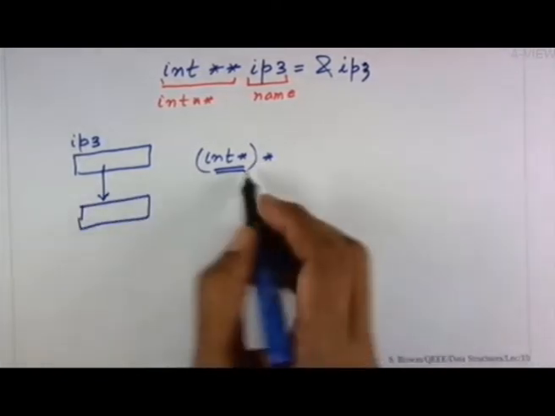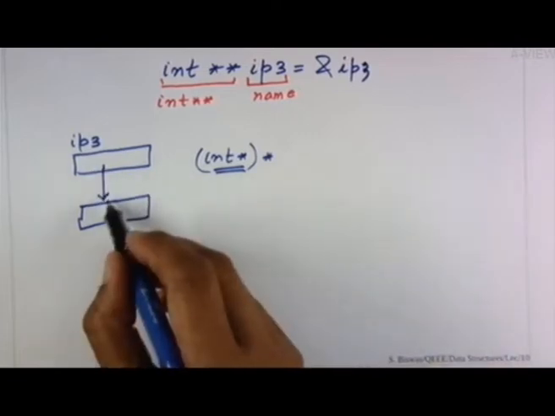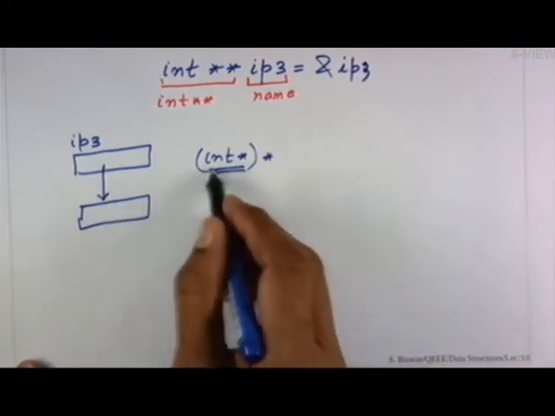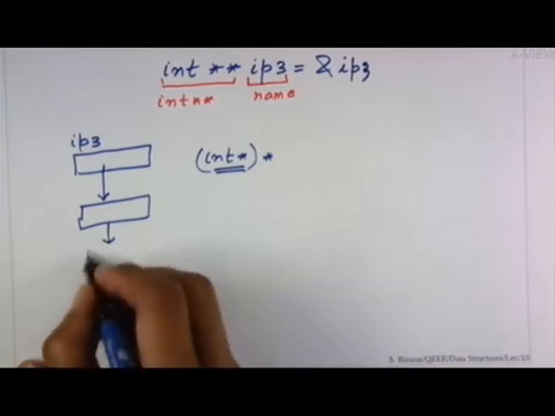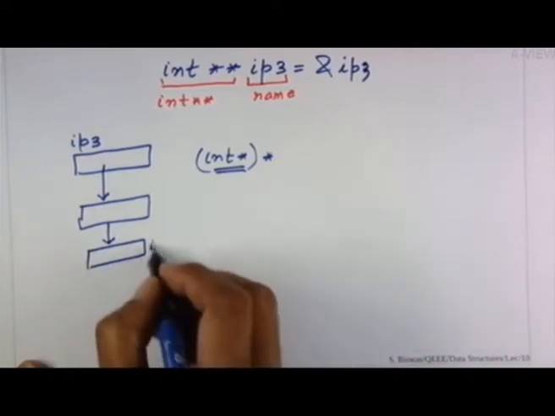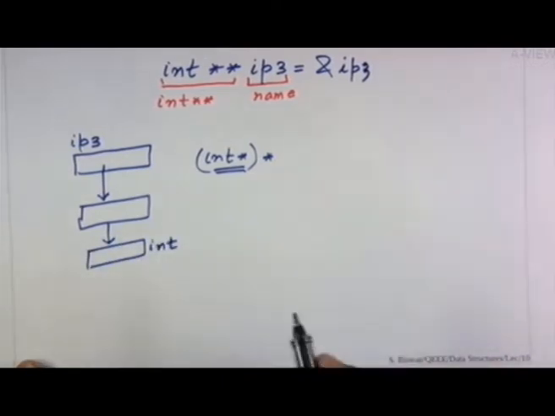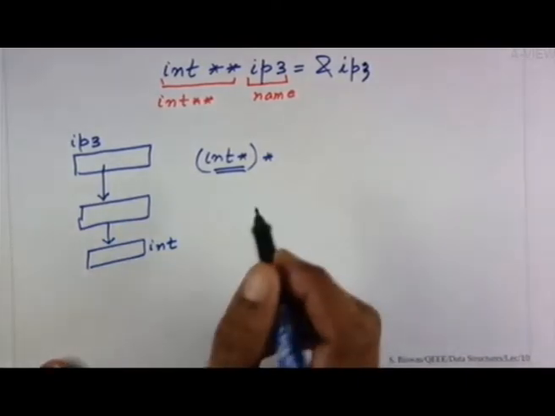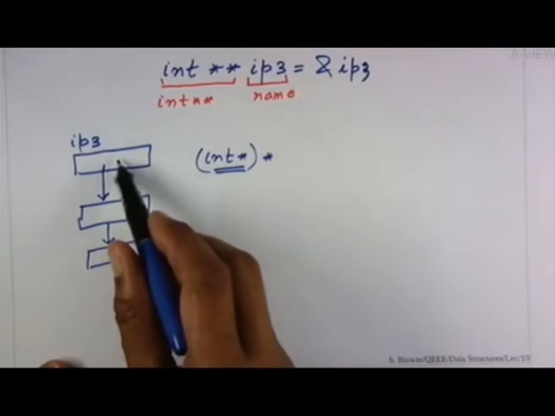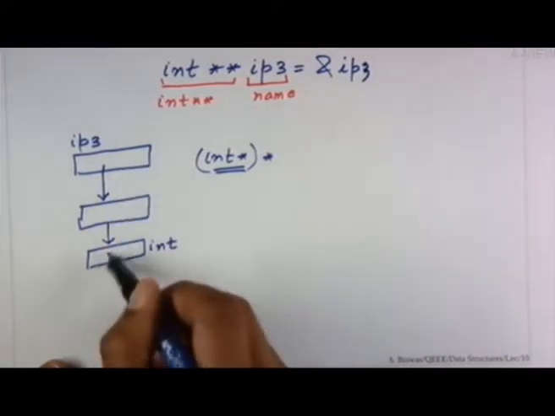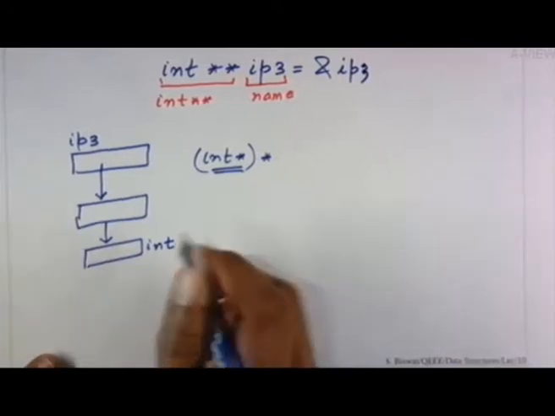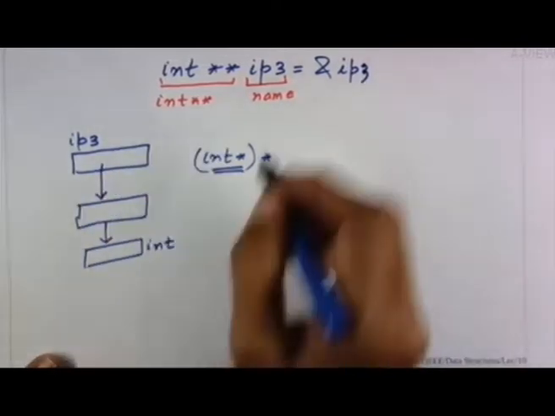Star means an address, so I put a link somewhere in memory, but this box itself is an int star. This is how the arrows can be drawn. The compiler figures out, and a reader of the program should also figure out, that what IP3 contains is an address, which itself is an address, and the final object is an integer. This is its type: int star star.